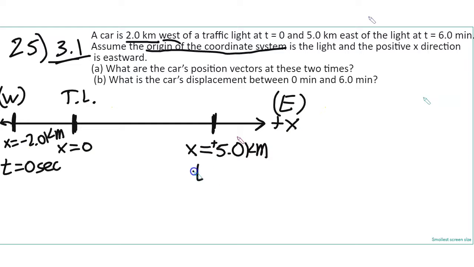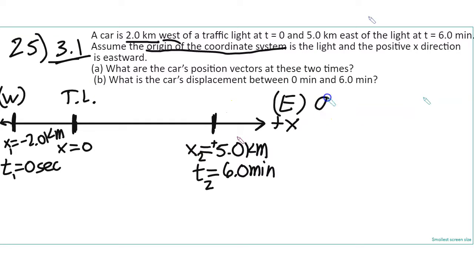And we know that this is t equals 6.0 minutes. So by the way, if you want to use the language of what we've already seen in the notes, we could call this x1 and time 1. We could call this x2 and time 2. We want to know the car's position vectors at these two times. And we want to know B, what is the car's displacement between 0 and 6 minutes?